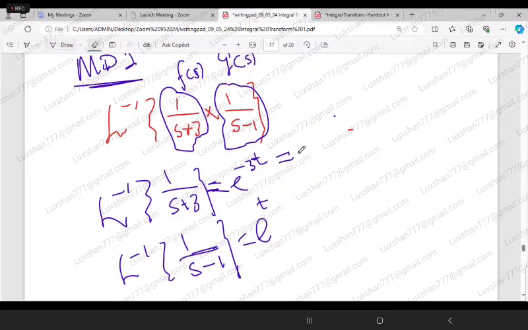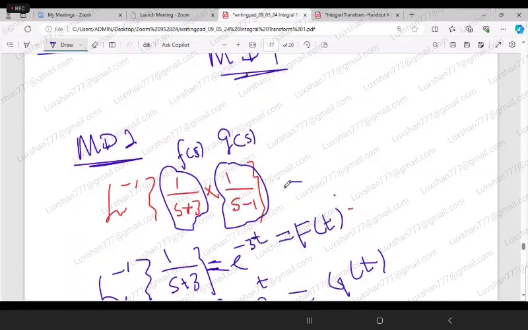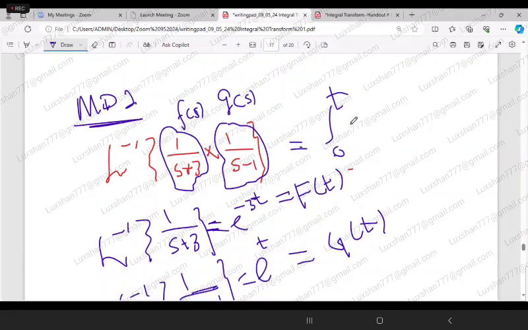So if you say this is your f(t), and then this is your g(t), then using the convolution theorem, you can say that this is equal to the integration from 0 to t of f(u), which means e to the power minus 3u, into g(t minus u).